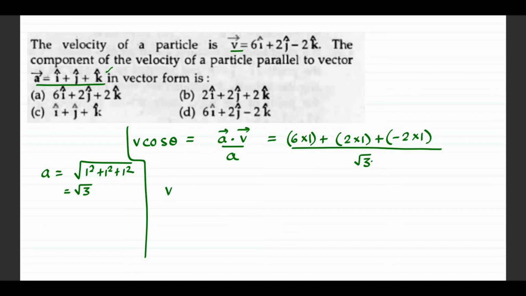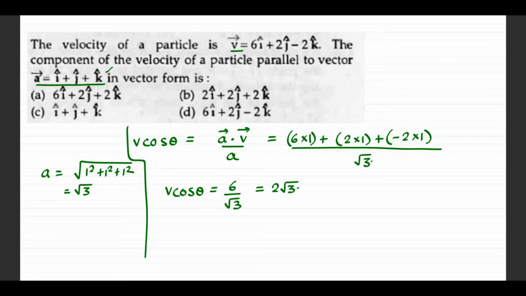So can I say V cos theta then turn out to be 6 plus 2 is 8, 8 minus 2 is 6 by root 3, correct? So it will be this much, 2 root 3. So component of V along this vector A is 2 root 3.